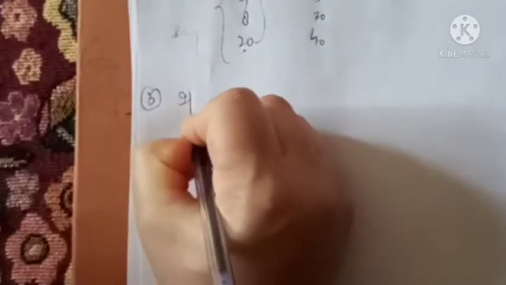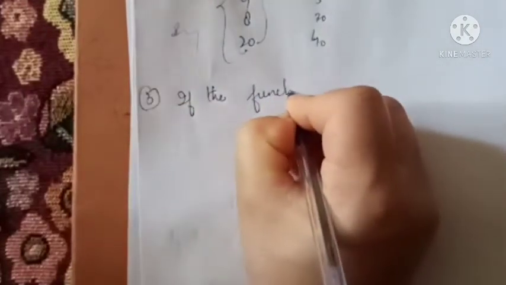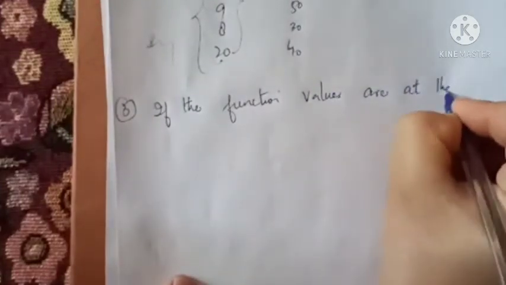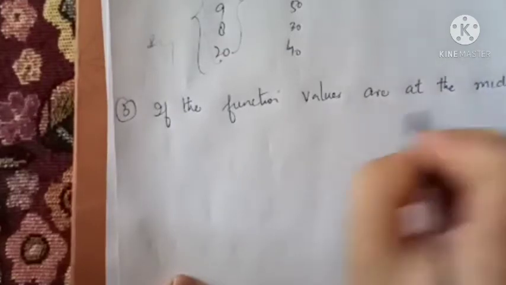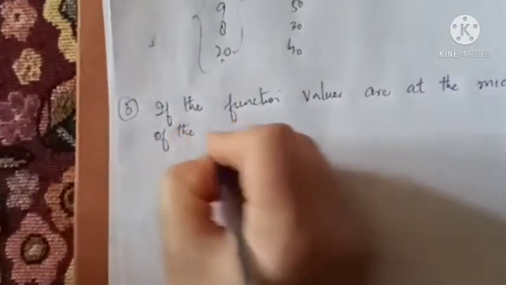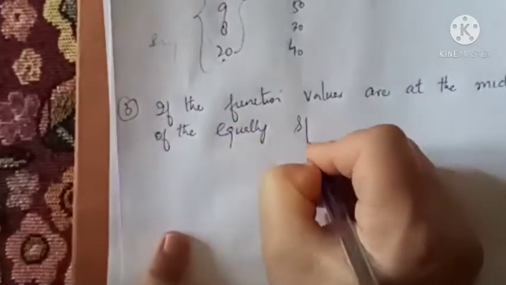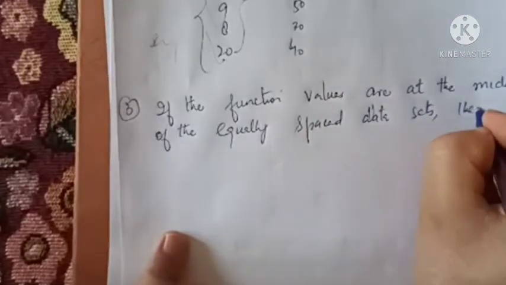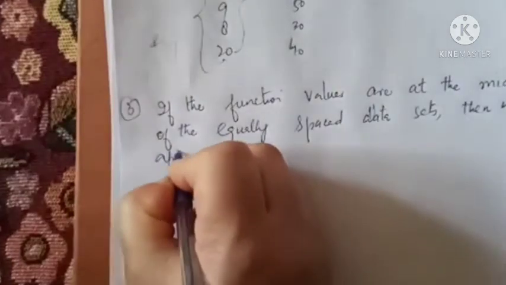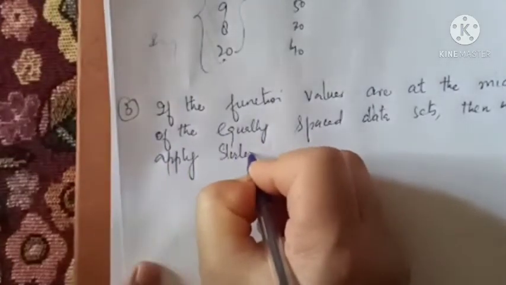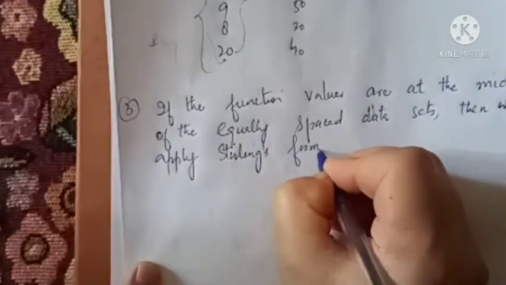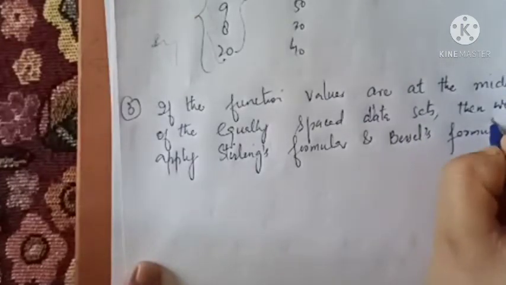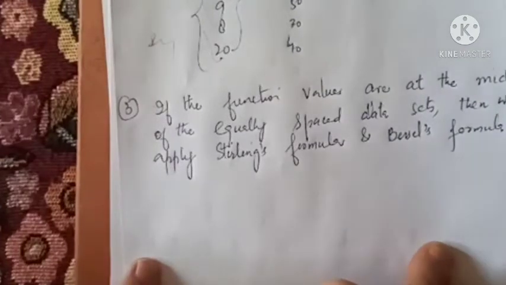Now if the function values are at the middle of the equally spaced data sets, then we apply Stirling's formula and Bessel's formula. Now this is again very important.